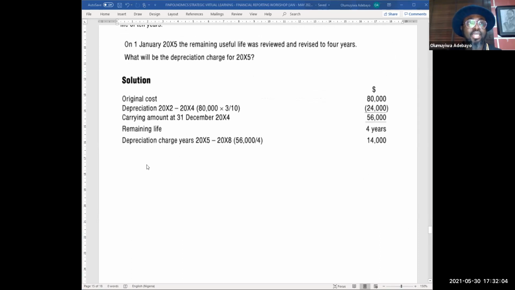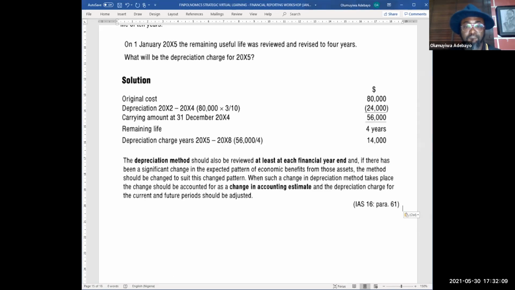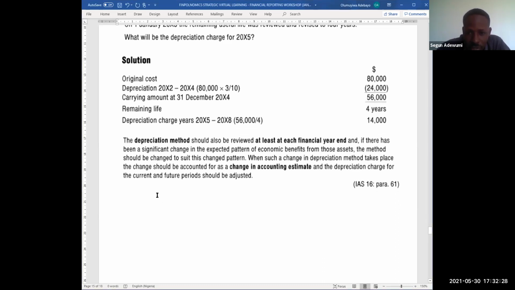Okay, can you read this for me? The depreciation method should also be reviewed at least at each financial year end. And if there has been a significant change in the expected pattern of economic benefits from those assets, the method should be changed to suit this changed pattern.